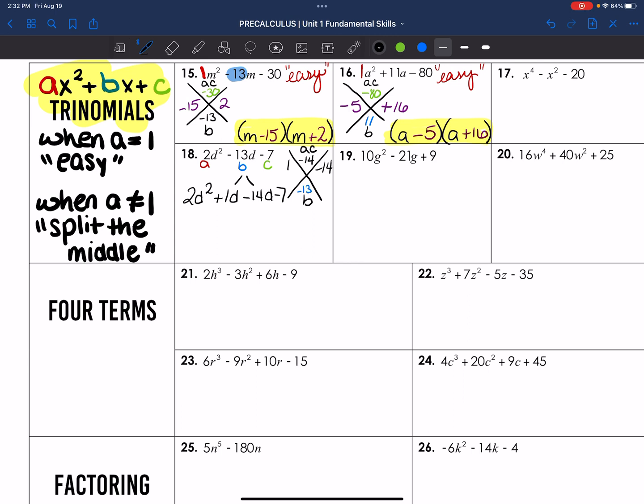Did you see how what we did was we took these quantities and use them here to split the middle. From there, ladies and gentlemen, we look at the first group and we identify what would be the GCF. What's the greatest common factor that we can divide out of both?